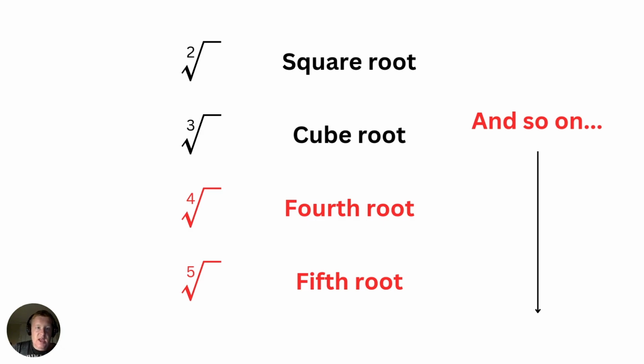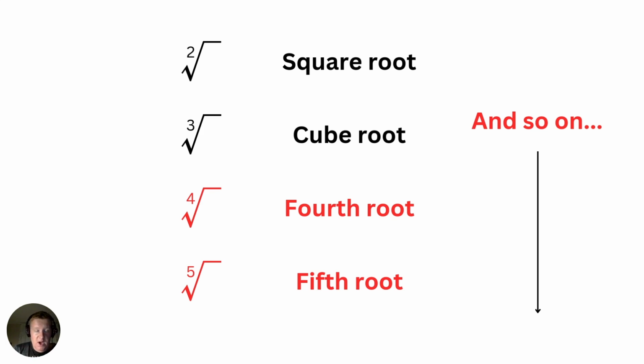And also there are cube roots, fourth roots, and fifth roots. Depending on which root you're doing, it depends on which index number you put in. So if you put the 2 in as an index number, it becomes a square root. Put number 3 in, it becomes a cube root.